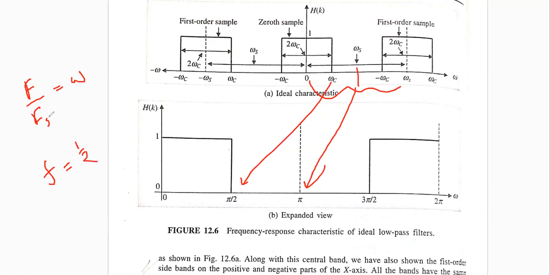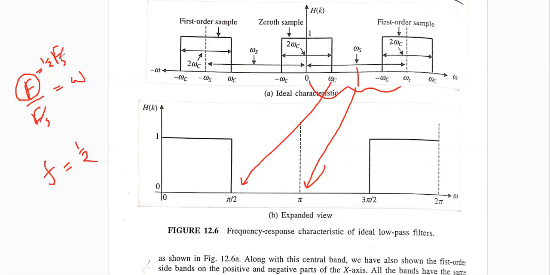That means at this location, the f is half of Fs. So this is equal to half of capital Fs. Otherwise, for the sampling frequency, the Nyquist theorem will not hold.